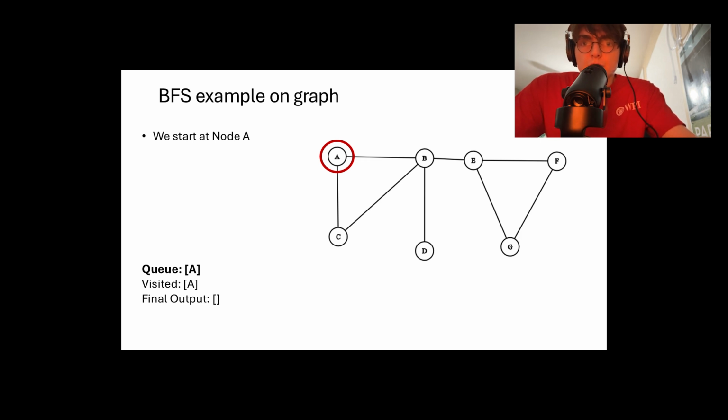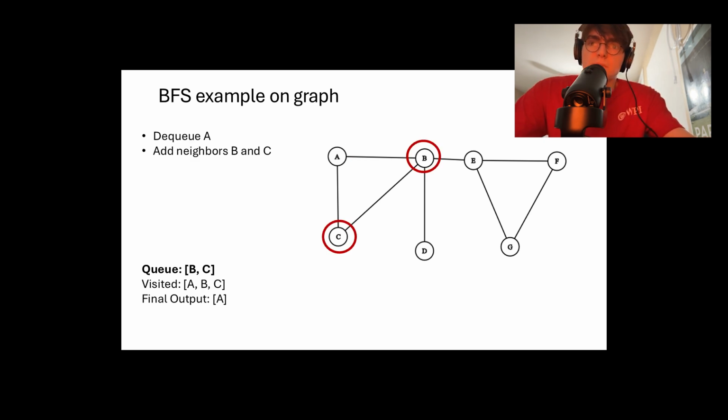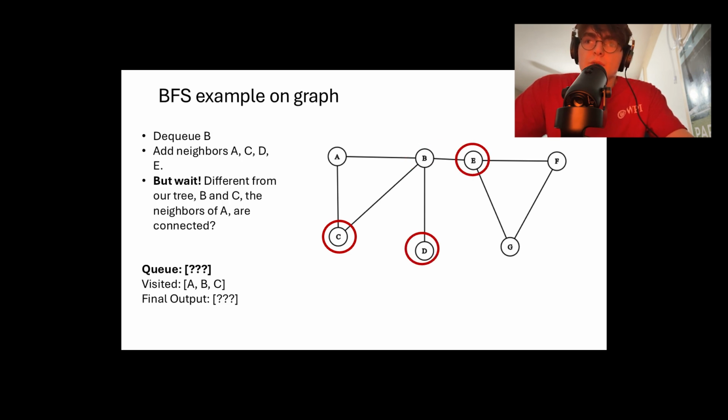So on a graph, we start at node A. Node A is added to the queue. Same deal. And then we dequeue A and add in the neighbors B and C. Fairly similar now. However, B and C is an edge.